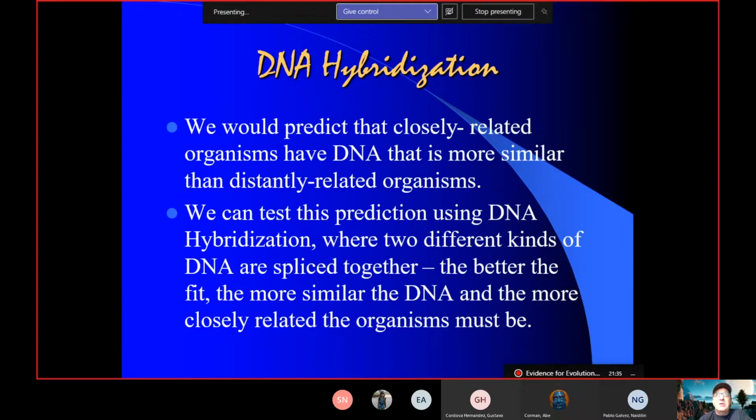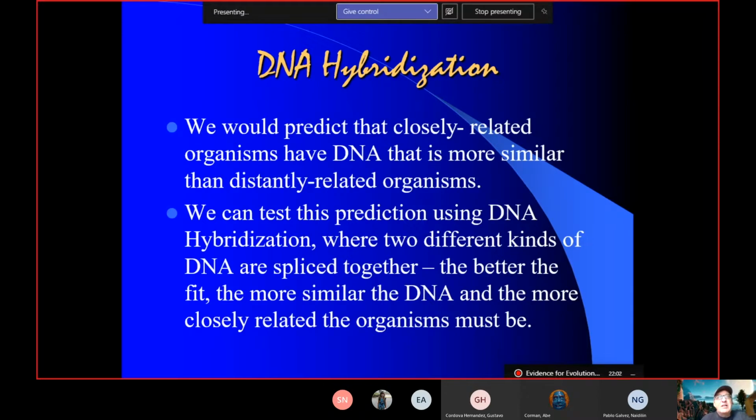Most of it fits because they're both in the canine family, but there are more gaps that did not zip back together between the coyote and the wolf than there was between the dog and the wolf. We can do it again with a fox, and it fits even less well. There's even more gaps between a fox and a wolf DNA than there was between coyote wolf DNA.